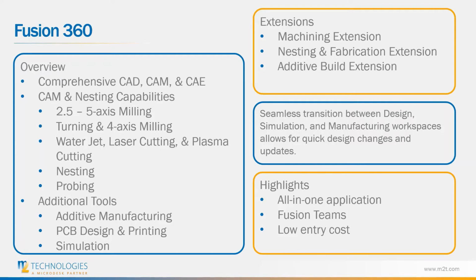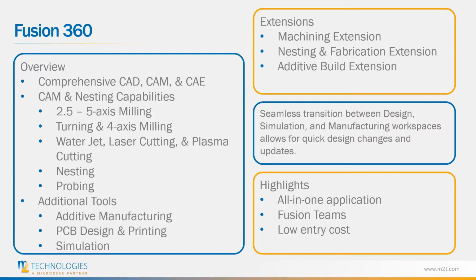Next, there's the nesting and fabrication extension, which gives you all the tools you need for creating your nested sheets for your cutting operations. And lastly is the additive build extension, which gives tools to help with 3D metal printing.